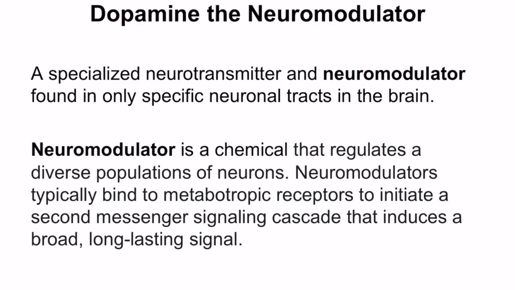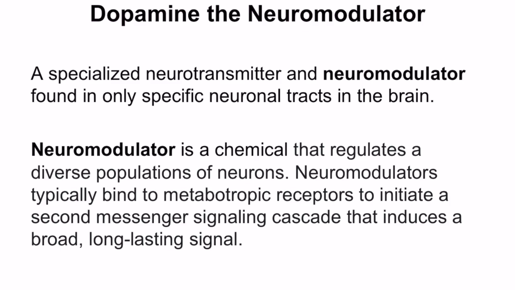Neuromodulators typically bind to metabotropic receptors to initiate a secondary messenger system, cascading signals that induce broad, long-lasting signals within the postsynaptic cells. And as we'll see, as we go on in our videos, dopamine can do more than just influence one single neuron that it synapses onto.